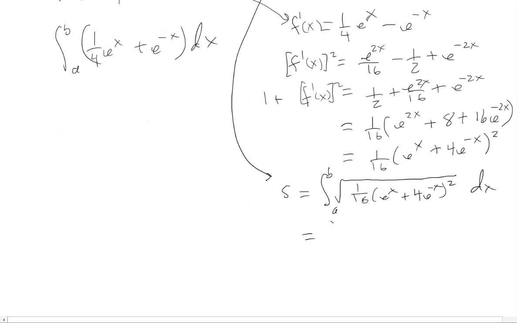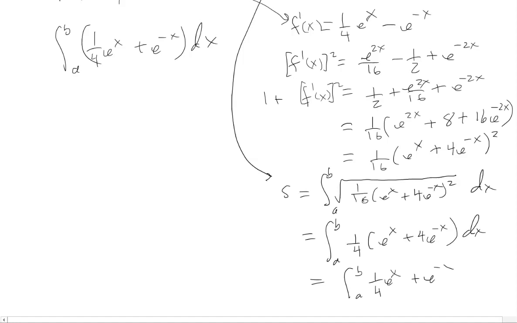So it becomes this: 1/4 of e to the x plus 4 e to the negative x dx.